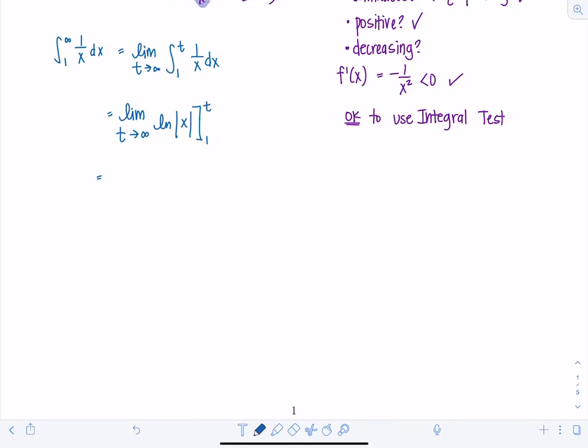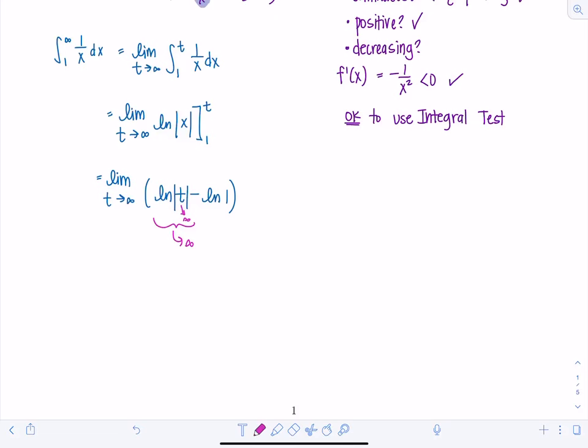So we have the limit as t approaches infinity of natural log. I'm going to substitute in t for x, so natural log of t minus natural log of 1. Let's keep the absolute value there. As t approaches positive infinity, natural log of t, think of the graph of natural log, is going to approach positive infinity.